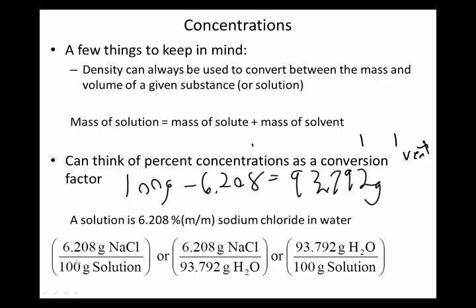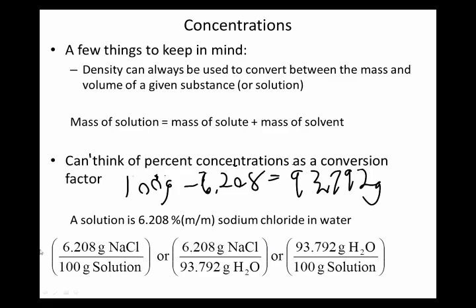If I take out the mass from the solute, then only the mass of the solvent remains. So then I could say there's that mass of water in 100 grams of solution. These could be useful to you. You can always get there other ways, but this is the one I really want you to remember.